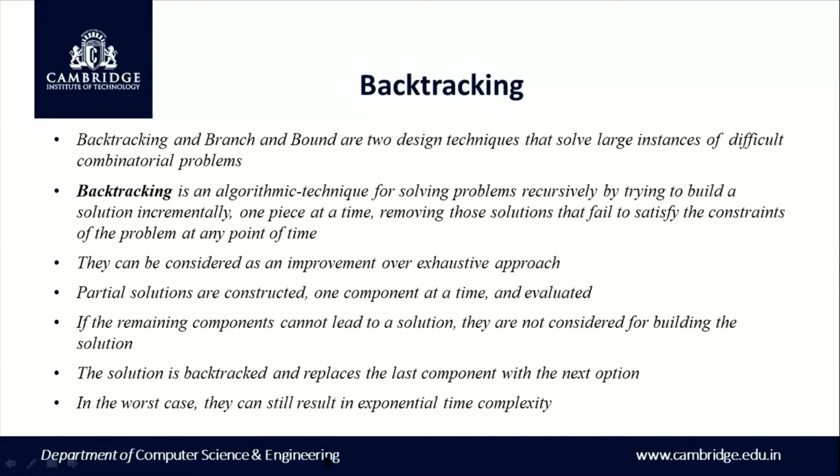We go back to the previous one. Exactly. If you find that there is a conflict while placing 6, you know that you have made a mistake there. So you will go back to the previous step, undo that step, and try to proceed from there.